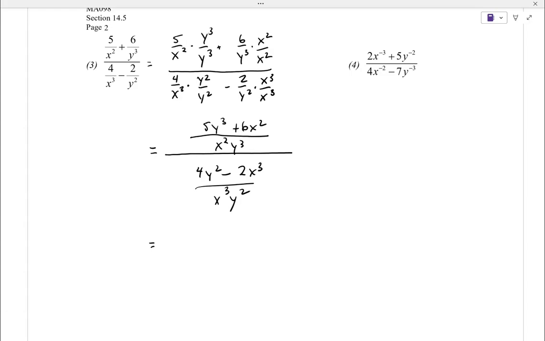Before we try to do any simplifying at all, how would we rewrite it? Yep, multiply and flip. Good. So rewrite the top and flip the bottom. Oops. Flip the bottom. We just rewrote the top again. All right, rewrite the top, flip the bottom.